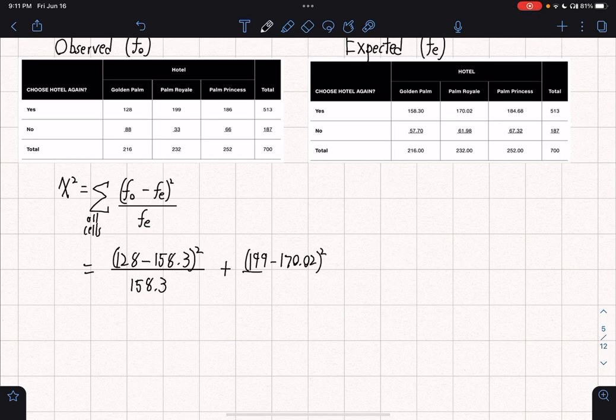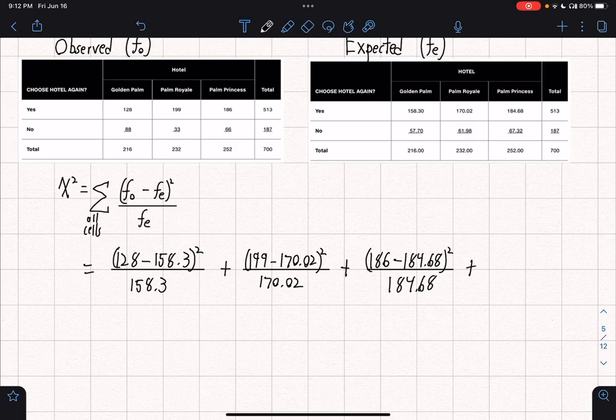We square that, divide by expected, 170.02, plus yes, Palm Princess. I have 186 minus 184.68. We square that difference, and then we divide by expected, 184.68, plus.